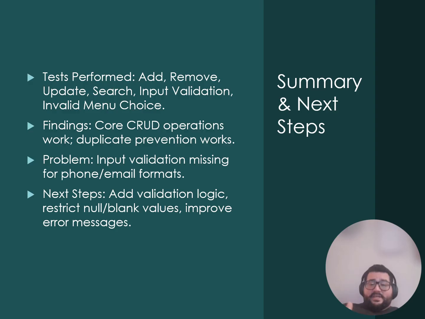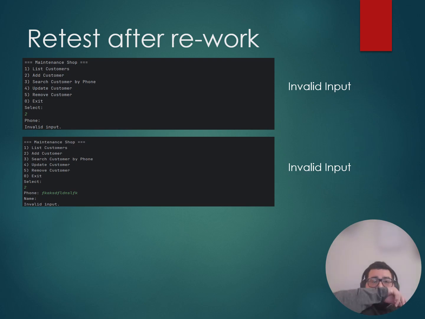So I have gone ahead and done that, and these are the results that we got after we tightened up that program a little bit better and made sure that no invalid data can get into the database this way. So after we tightened up the program, we went in and retested that function that we failed at in the first place, which was the add customer.